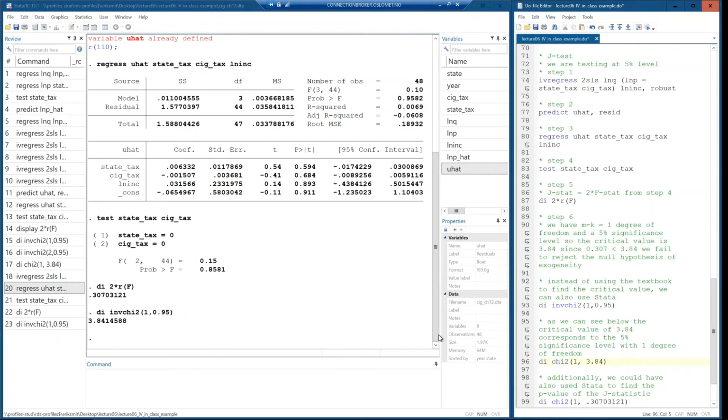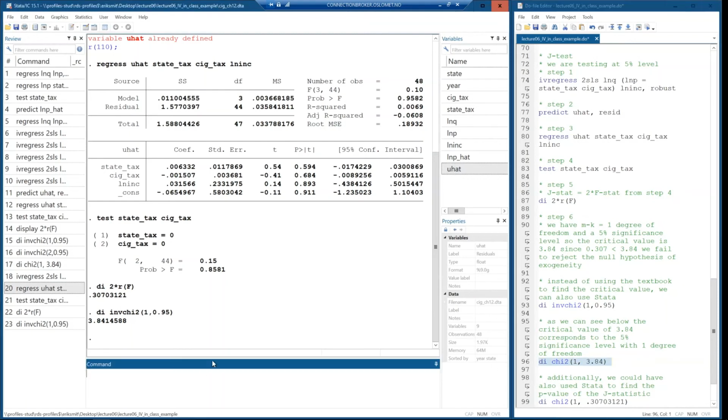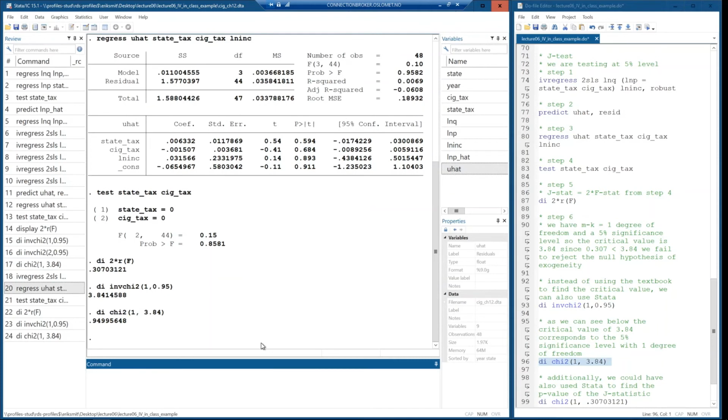We can check this critical value such that we are certain that it corresponds to the 95% confidence level, and we have display chi-squared distribution, degree of freedom equal 1, and the value of 3.84 corresponds to a confidence level of 95%.